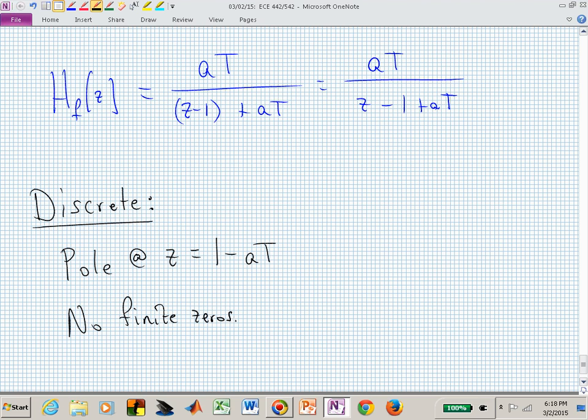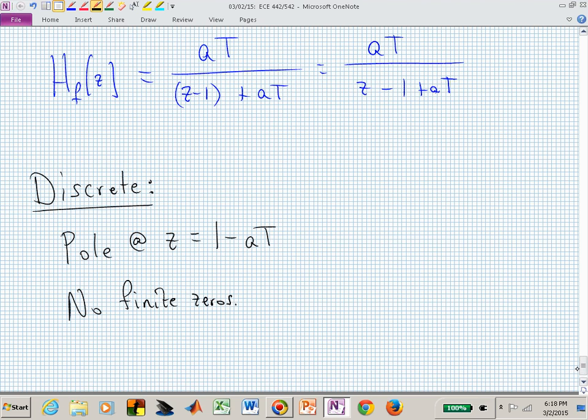What about the DC gain? How do I find that? The DC gain of H sub F of Z. How did I find the DC gain of H of S?